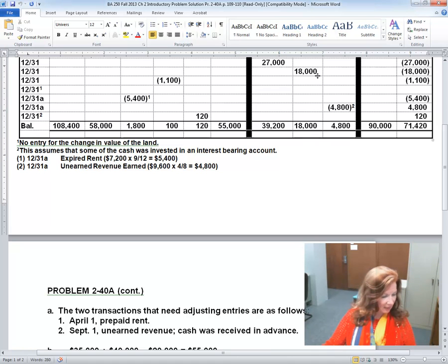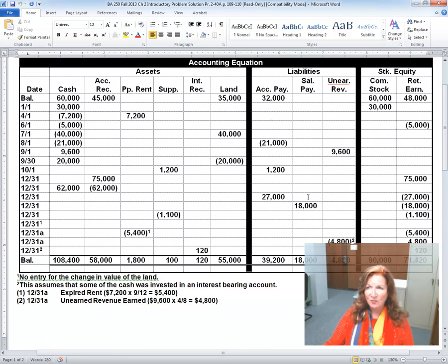The next, December 31st, had $100 of supplies on hand at the end of the period. So I've got to remember my equation for supplies.